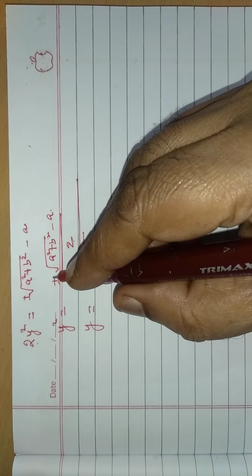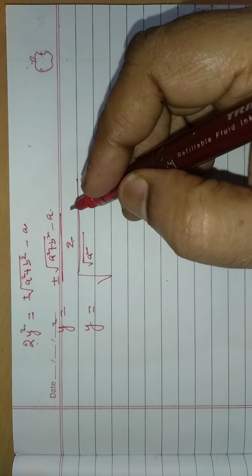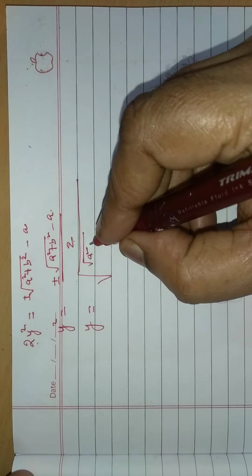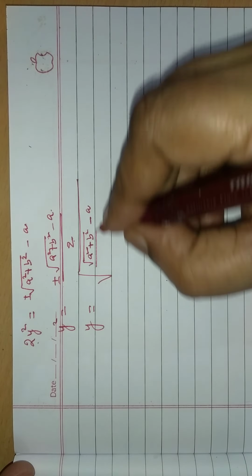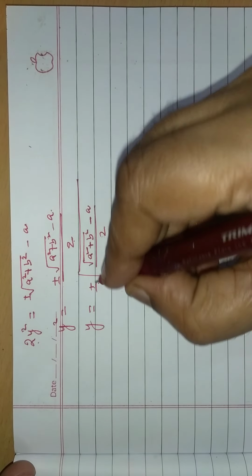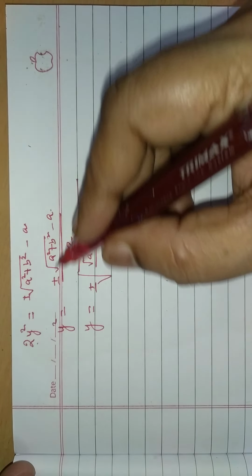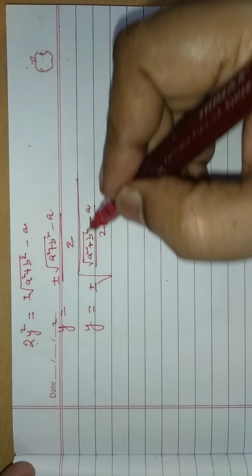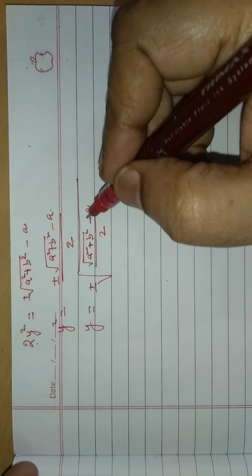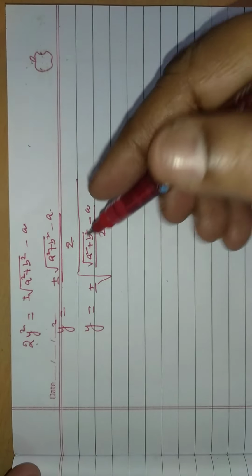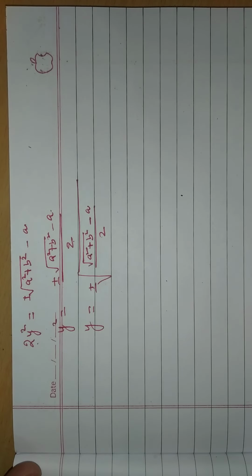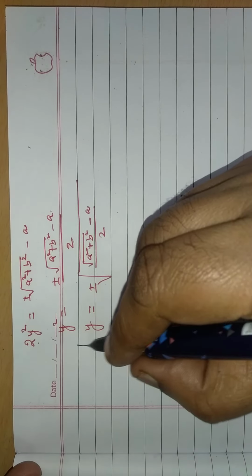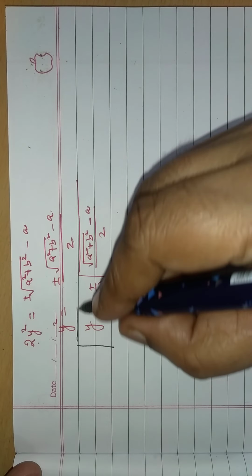Here I am writing plus minus, and here it is plus minus. If you take here, the value will be almost the same, or a little bit of change takes place. So with the help of this equation, we can find the value of y in terms of a and b.